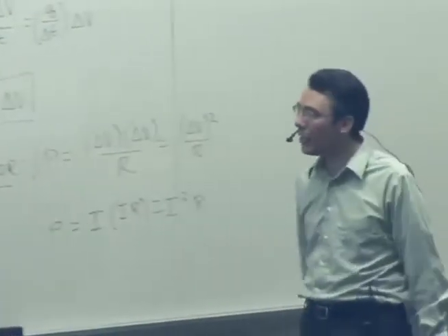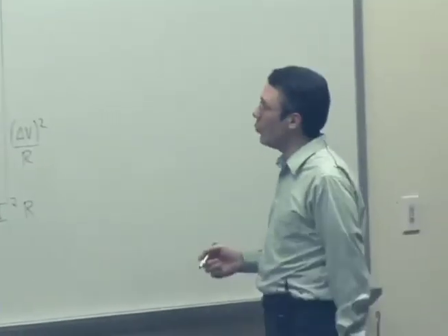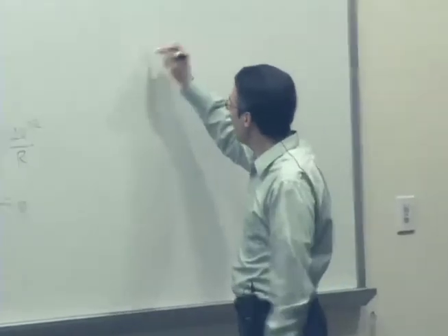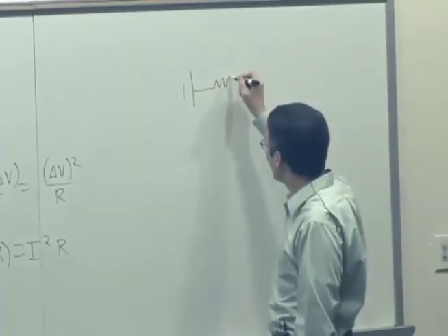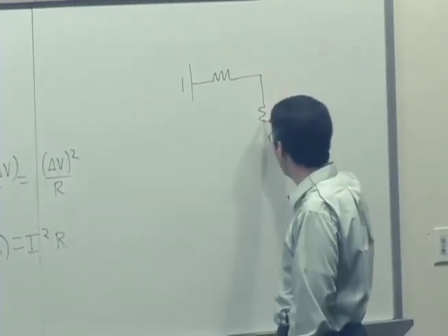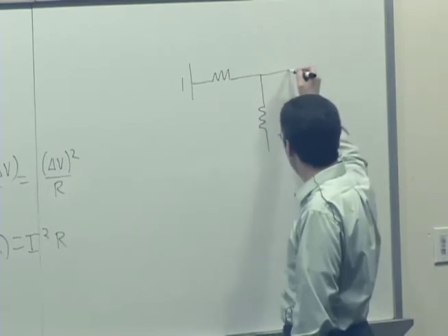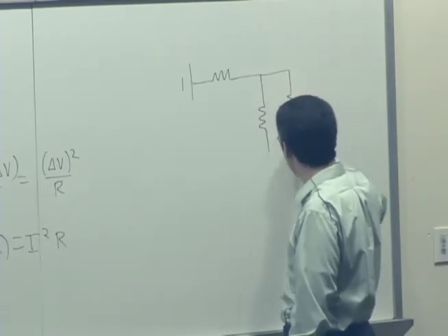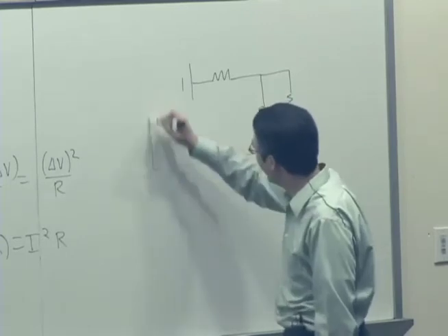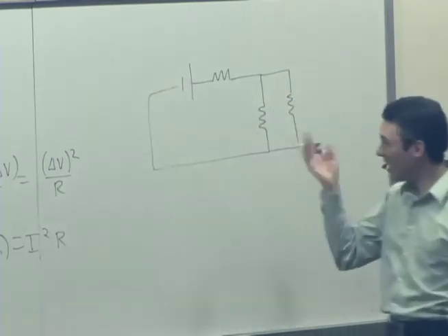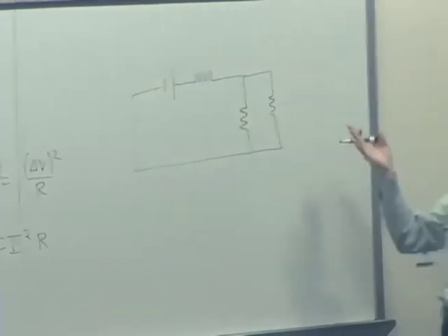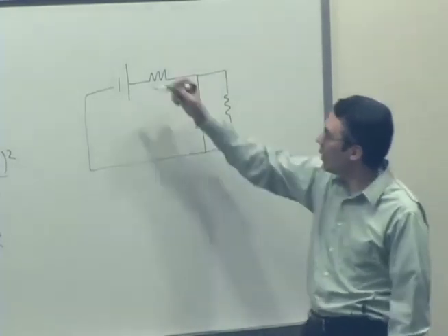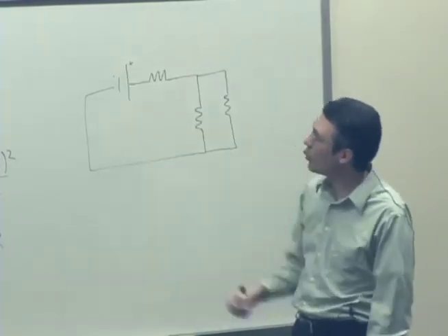Okay, so this is a simple example, but the same rules apply if you have lots of different resistors in the circuit. They may be in series. They may be two branches in parallel where you have a junction. We're not going to do too much of this, but it's just another application of the same rules we've already seen.